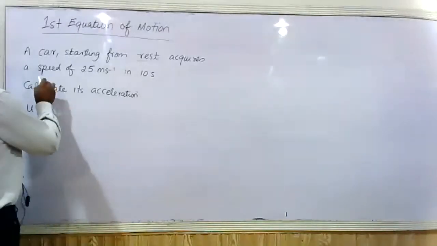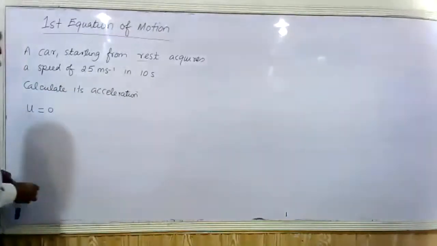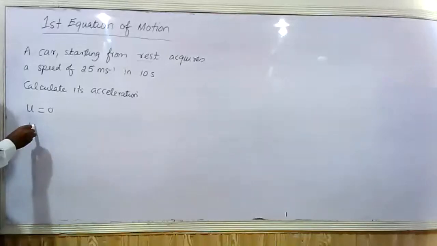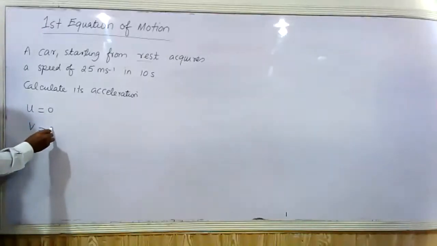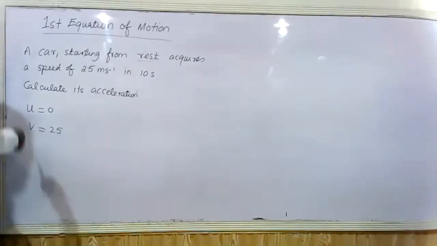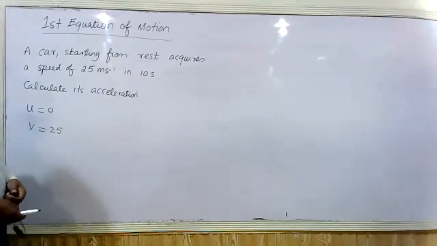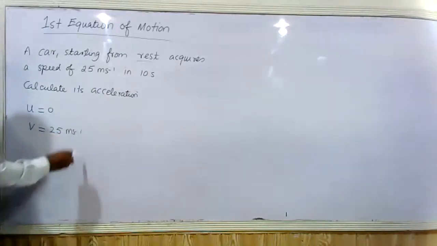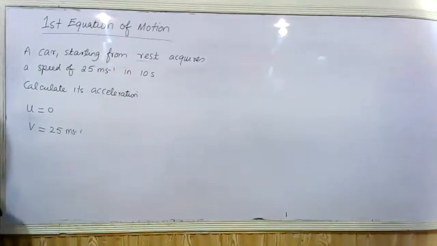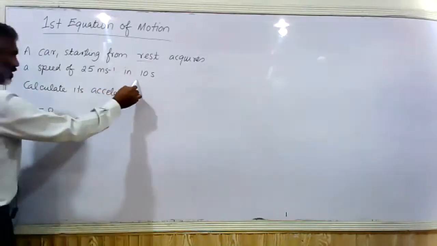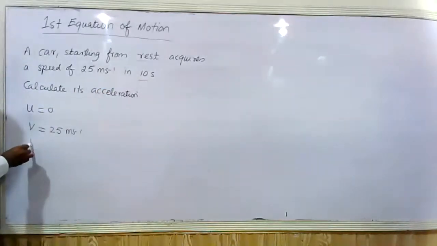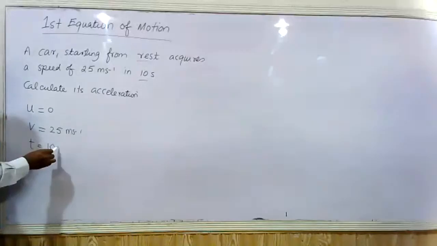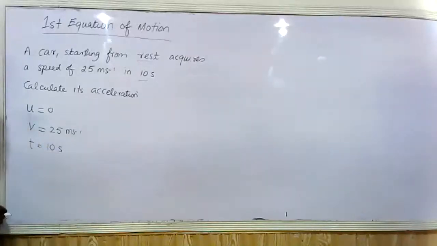It acquires a speed of 25 meters per second. That means this is the final speed, since no other speed is mentioned after it in the question. And obviously time is also mentioned, so t is equal to 10 seconds. What is to be found is acceleration.